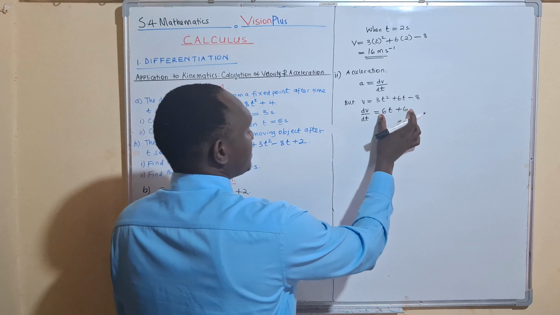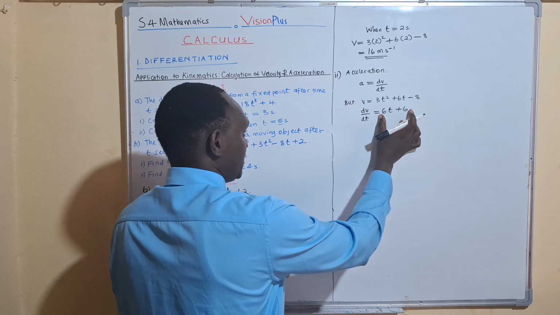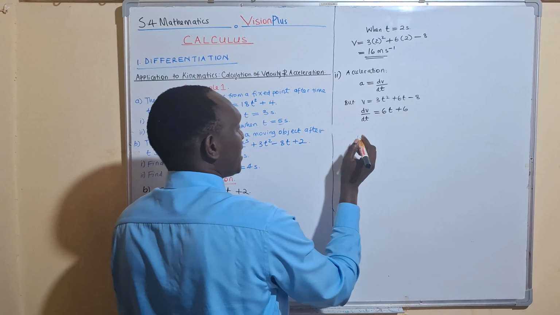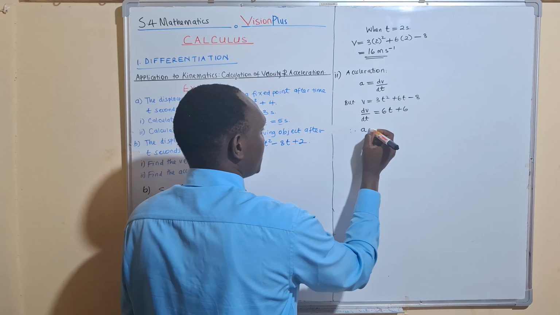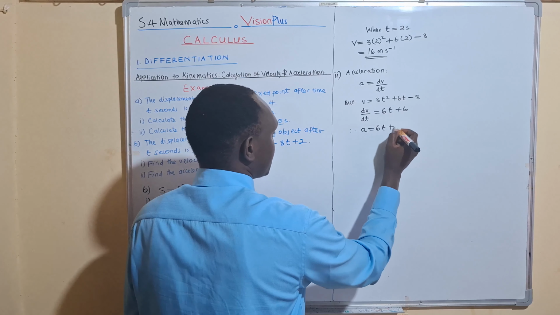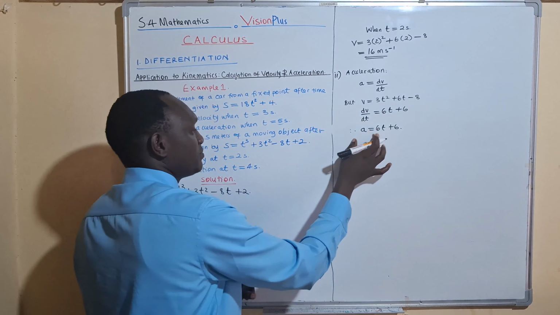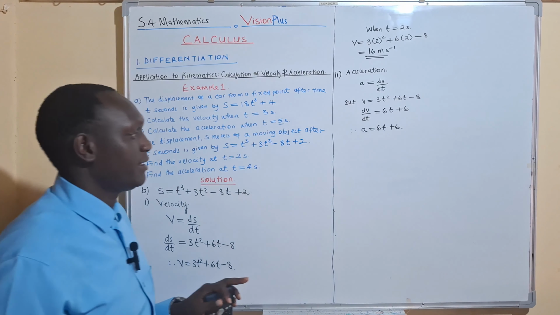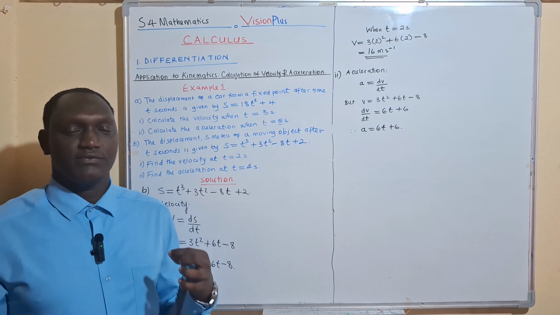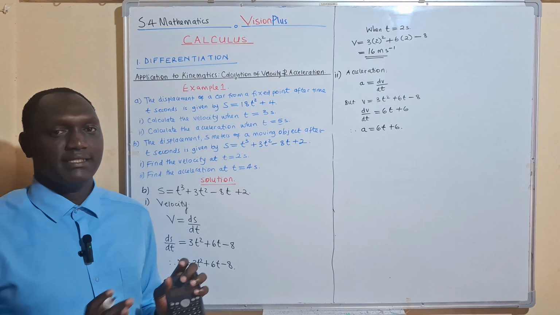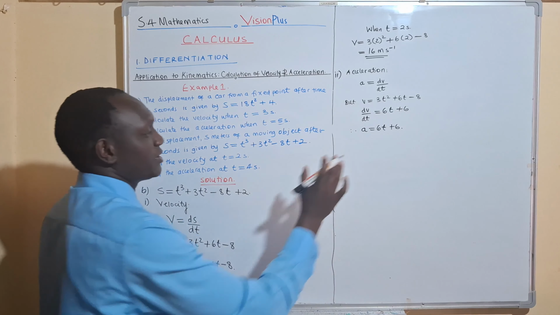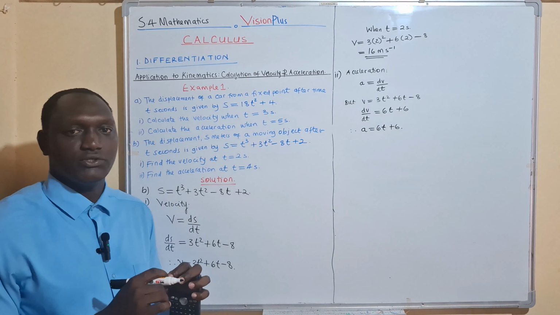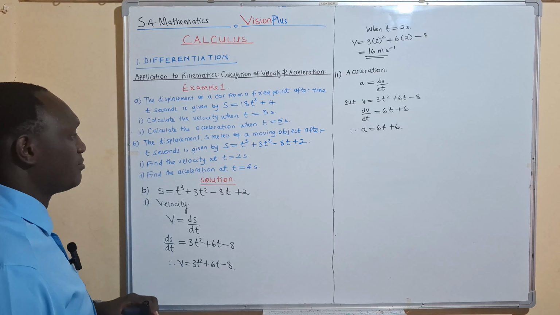Okay, so this is the rate of change of velocity, that is dv/dt. But dv/dt is what we are calling acceleration. Therefore, acceleration is 6t plus 6. This is the expression for acceleration at any time t. In other words, that is the rate of change of velocity at any time t. So this expression works for any given time or for any given duration that the particle has moved.